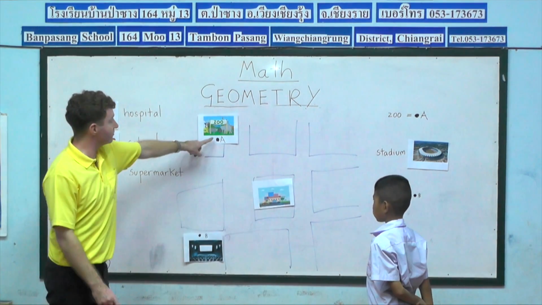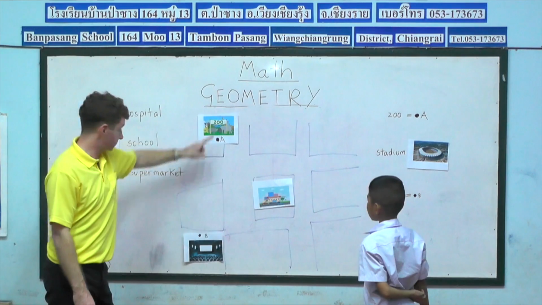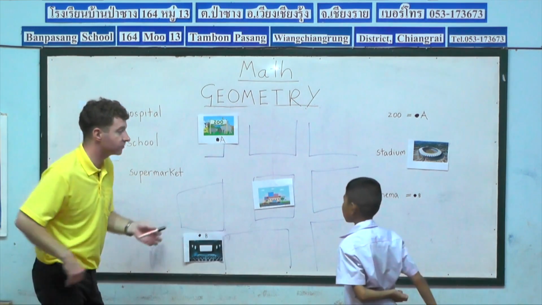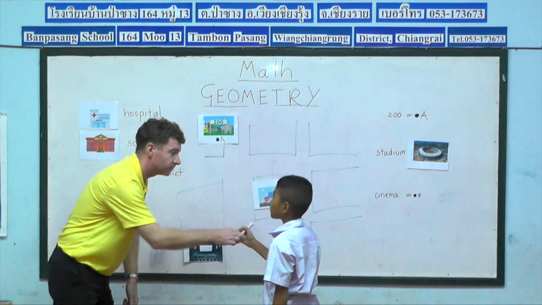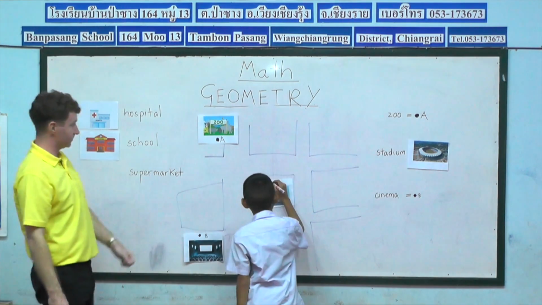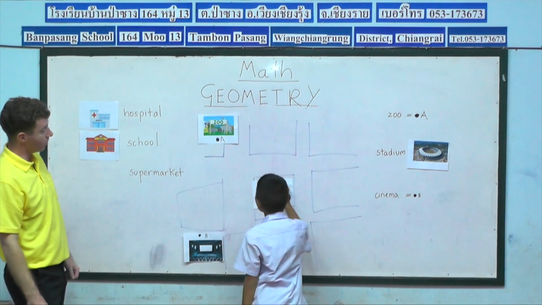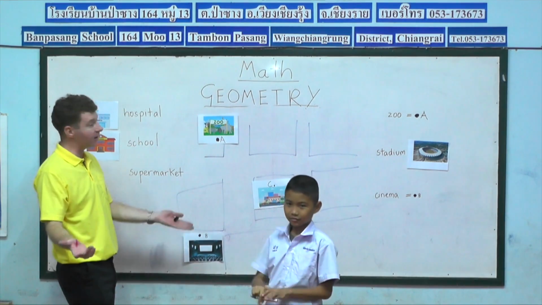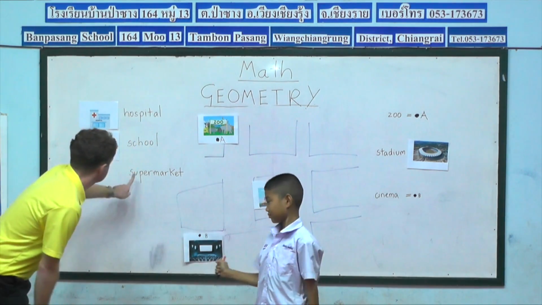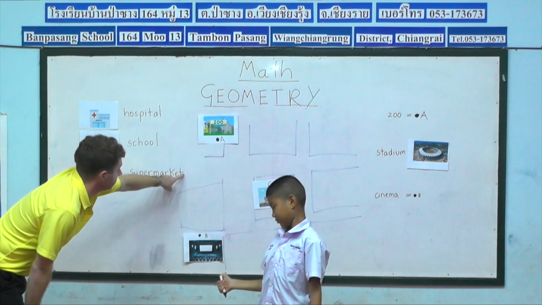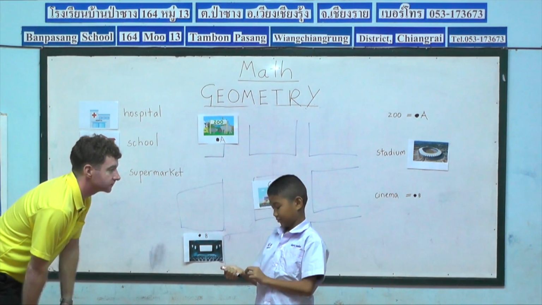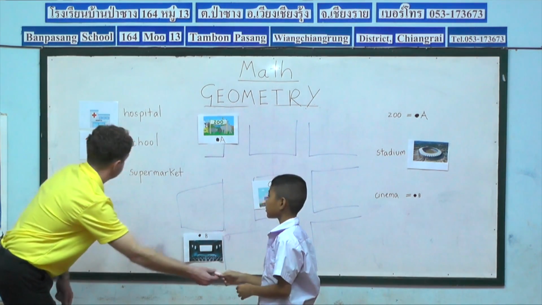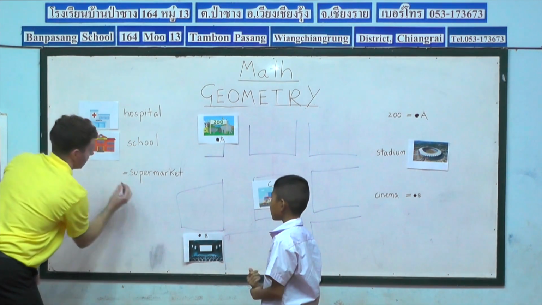Okay, so we have point A, the zoo. Point B, the cinema. Bangpon, what point will you give supermarket? Point C, excellent, well done. So we draw our map. Okay, we have our dot and we have our letter C. So now, supermarket equals point C. Can you write equals, and then point C?